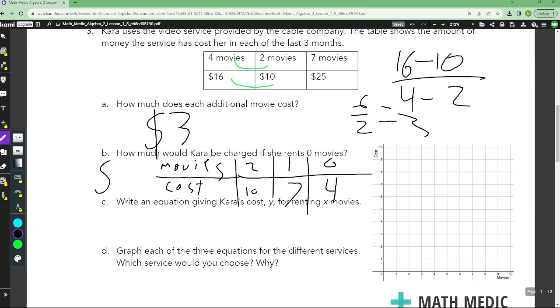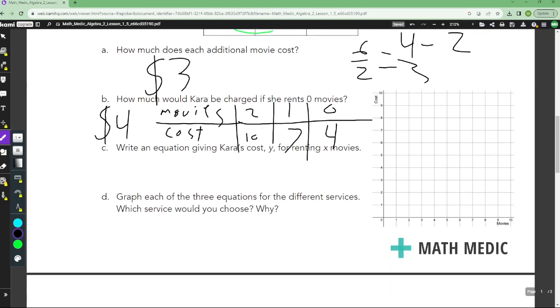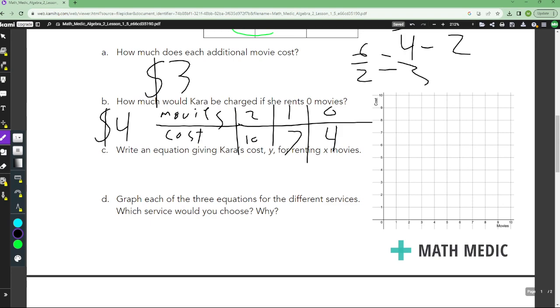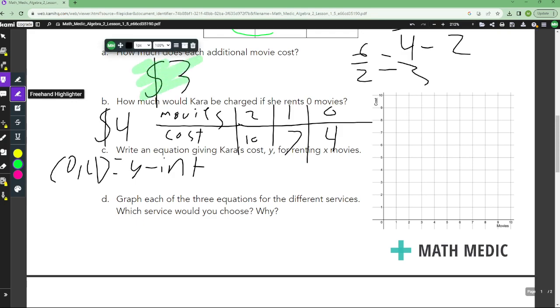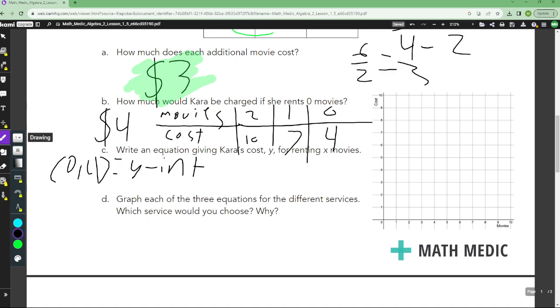That means $4. So now we have the y-intercept, because coordinate pair (0, 4) is the y-intercept. And the slope we figured out earlier was right here. Okay. So now we know the equation is going to be y equals 3x plus 4.